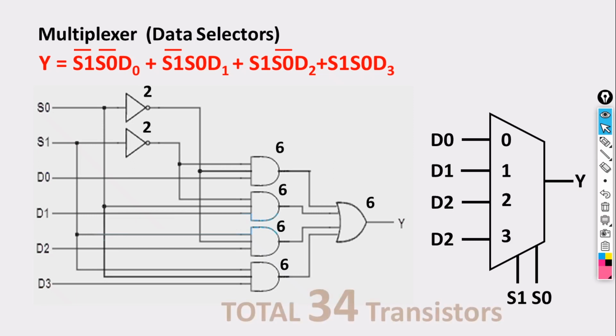So the number of transistors is not actually 34, it was going to be 44. Actually I had considered it in terms of only a 2 input OR gate, but actually it is a 4 input OR gate, so the number of transistors is going to be increased. Here this particular OR gate is going to take totally 10 transistors.